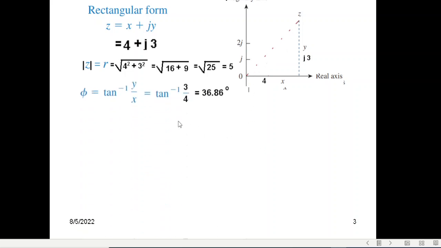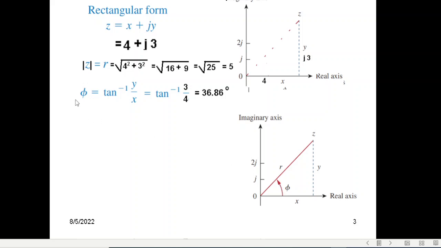And the angle phi can be found by this formula: angle is tan inverse y over x. In our case it will be 3 over 4, and if you solve this you get the answer 36.86. So this angle is 36.86.